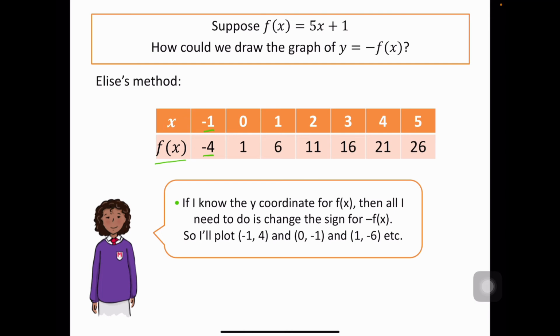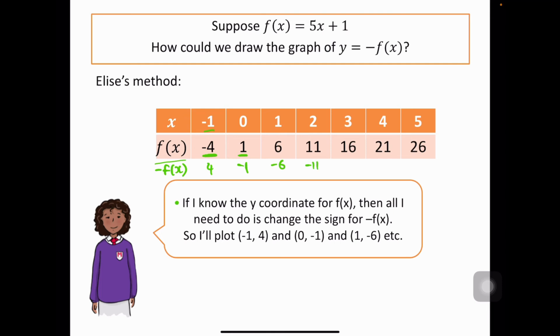So I'll plot -1, 4. So essentially what she's saying is adding an extra row and changing this to 4, changing this to -1, changing the next one to -6, and so on and so forth.